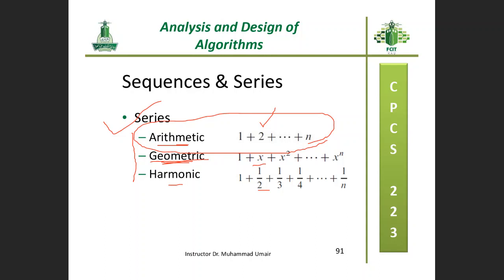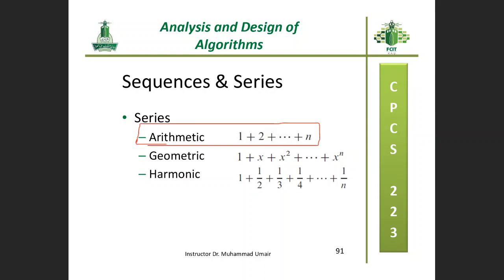Do you know the general formula for arithmetic series? If I want to know the sum of 1 plus 2 plus 3 till n, what will be the formula to calculate the sum of the series?